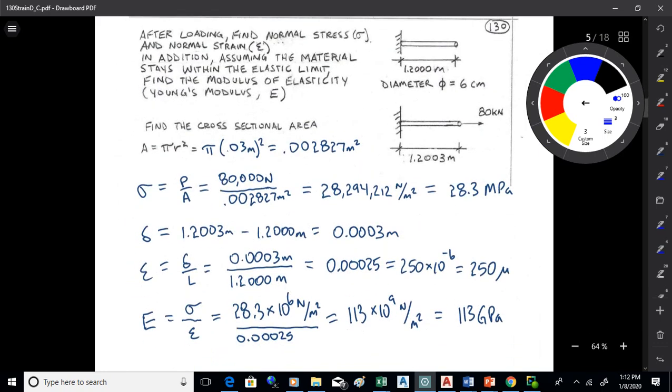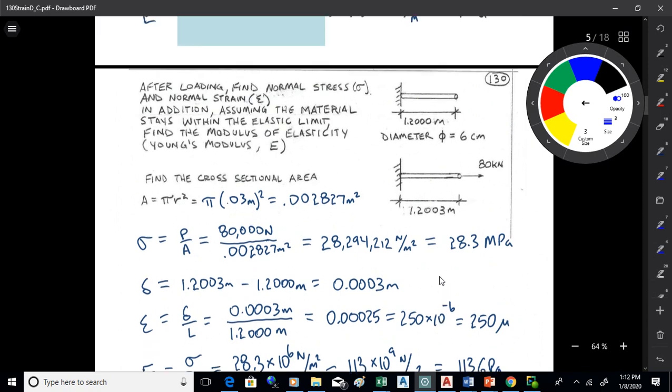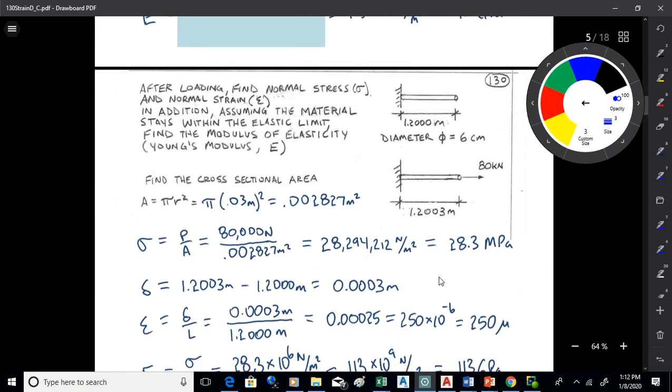So there's delta, and there's delta over L, which is 0.00025. Now, when you call out strains, usually because they're so small, they often call them out as a 10 to the minus 6, okay? So that's a very common way to do it, always using 10 to the minus 6 because strains are very small.